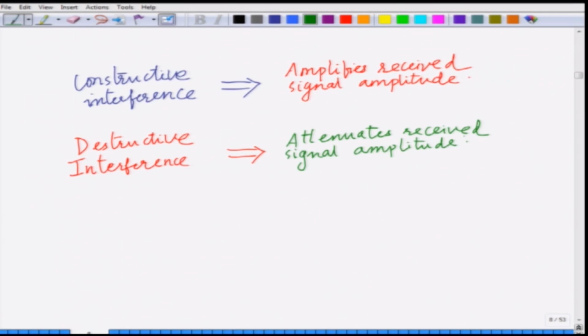Destructive interference attenuates the received signal amplitude.